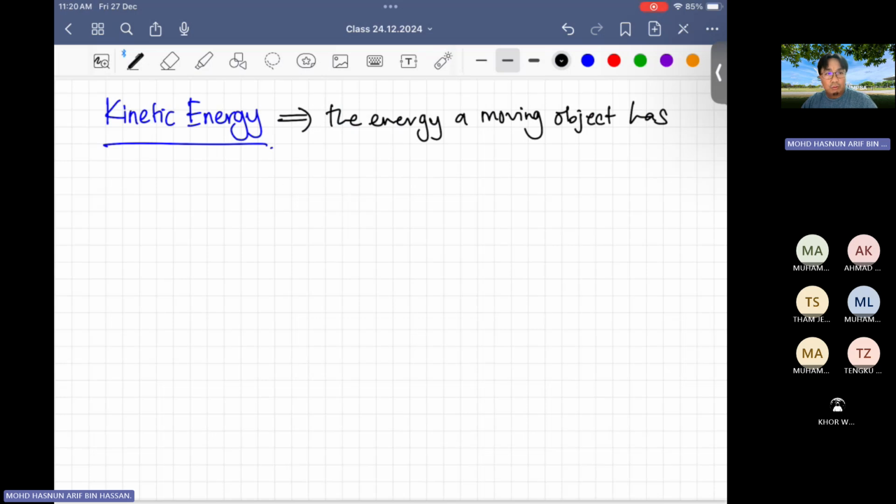Do you know what is the formula to calculate kinetic energy? The keyword here is moving. Every object that is moving has kinetic energy. You have learned about kinetic energy previously, maybe in school during your SPM.